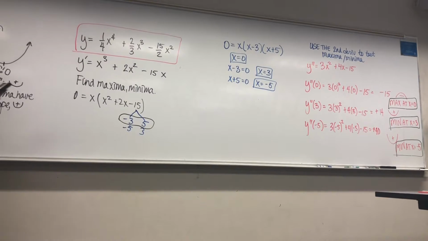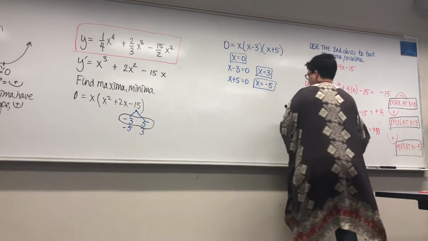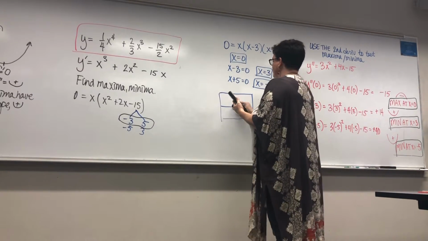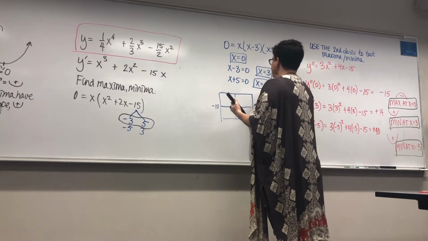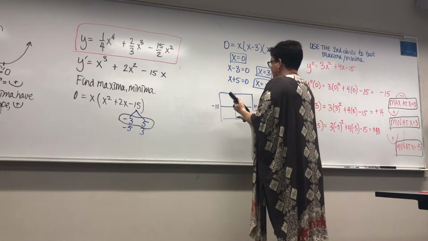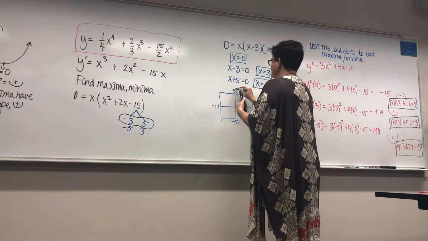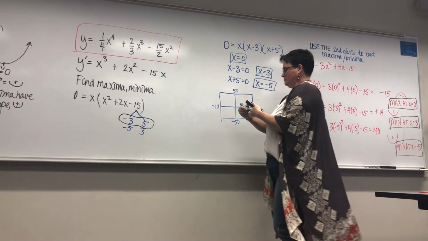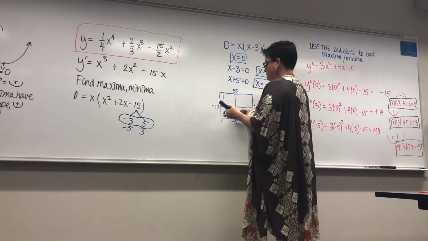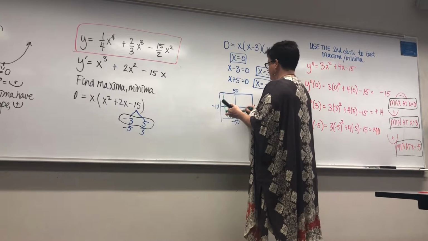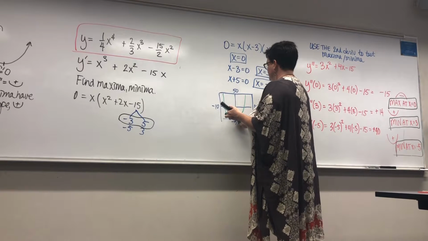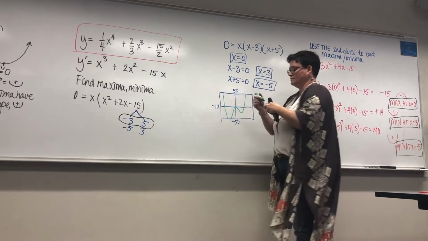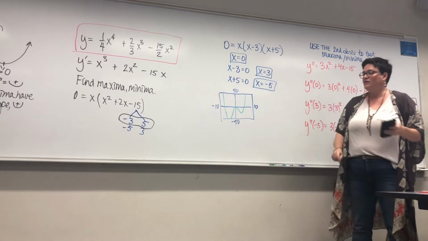Okay, so on my first pass, I have x from -10 to 10, and my y's at -50 to 50. And here's what it came up looking like. I'm missing just the little bitty tail, right?